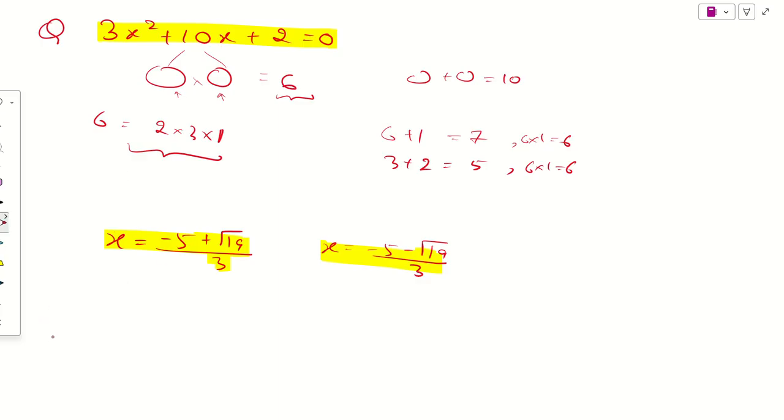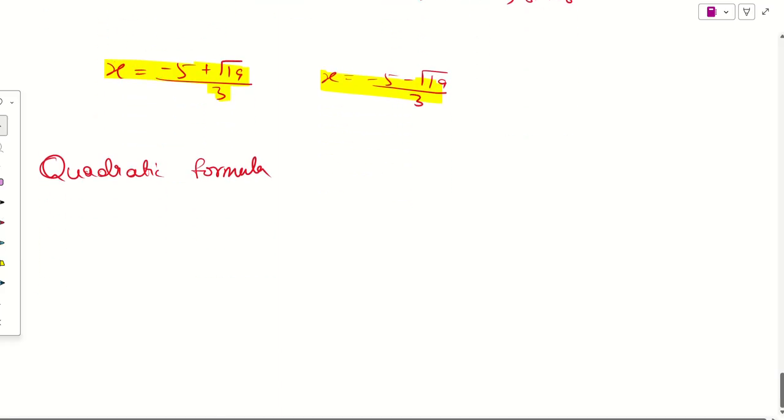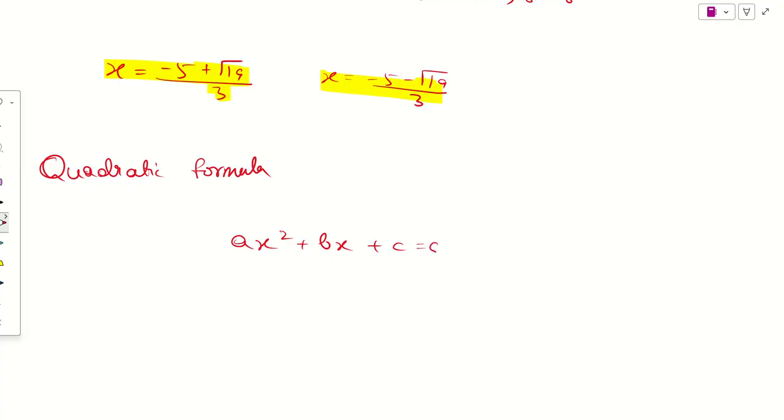That method is the quadratic formula. Do you know what the quadratic formula method is? It's just a standard form that we use for solving for x. Our goal is to find x. If I break it into two linear factors, let's say x minus alpha and x minus beta, we can easily get the x value.